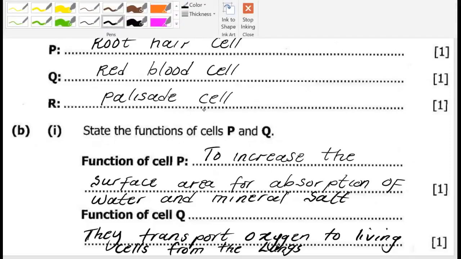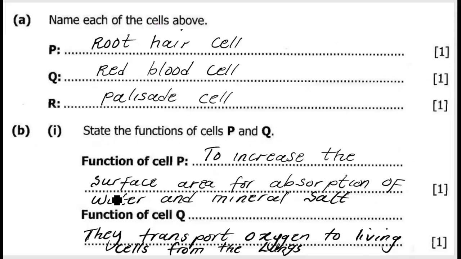So those are the functions of specialized cell P, which is the root hair, and specialized cell Q, which is the red blood cells.